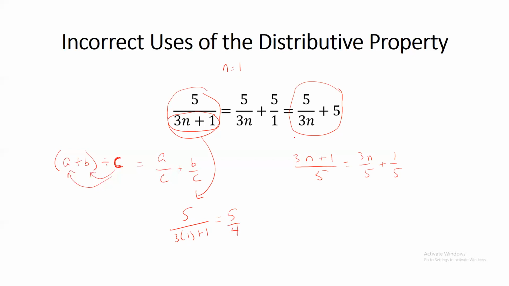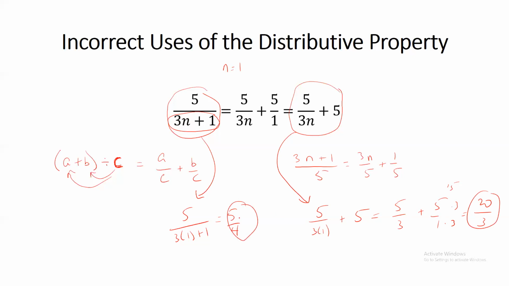While if I take the expression on the right and I plug in 1, I will have 5 over 3 times 1 plus 5. Well, that's 5/3 plus 5, which is 20 over 3, right? 5 plus 15. Definitely 20 over 3 is not the same as 5 over 4.